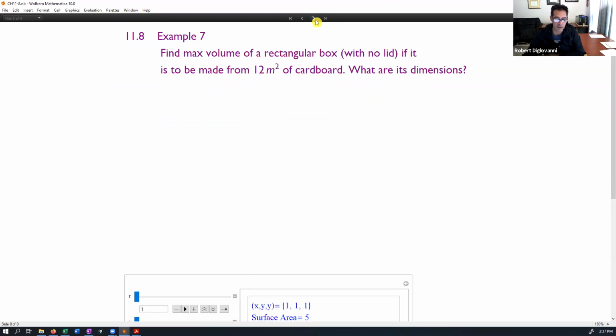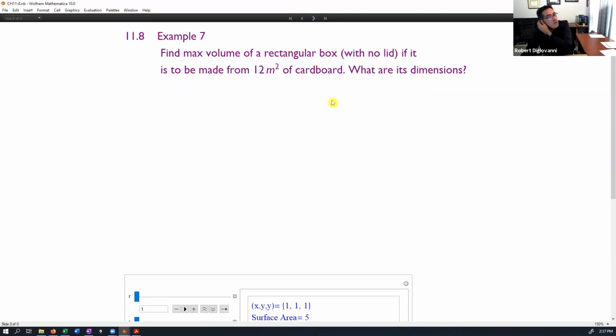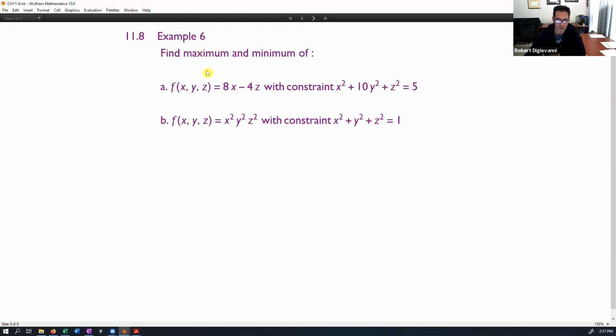It's optional, but send it to me via email a week from today. Example 7, and remember, these notes are in Canvas if you want to open them up. And then example 6, which contains 2 different problems.